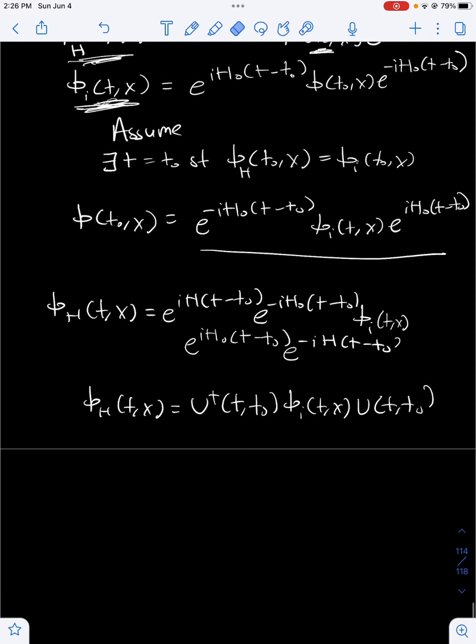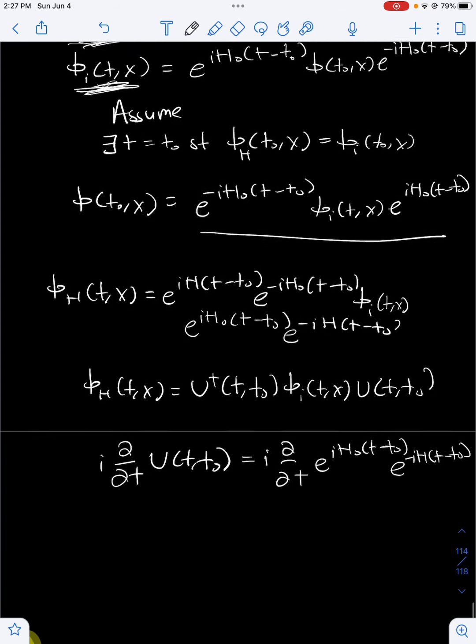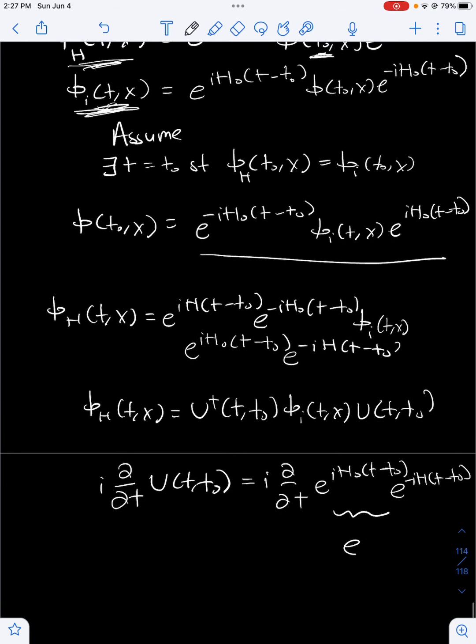Now we can get an equation of motion for U of t naught, so we can put U of t naught into the Schrodinger equation. Again, we can't just say that this is going to be e to the i H prime (t minus t naught), because the Hamiltonian and the free Hamiltonian do not actually commute.